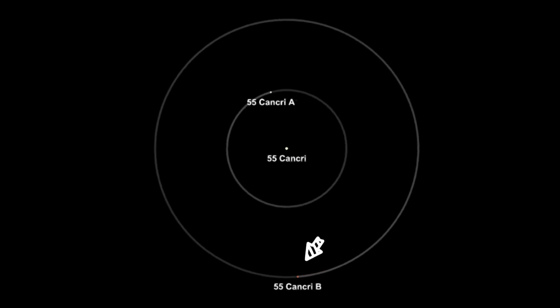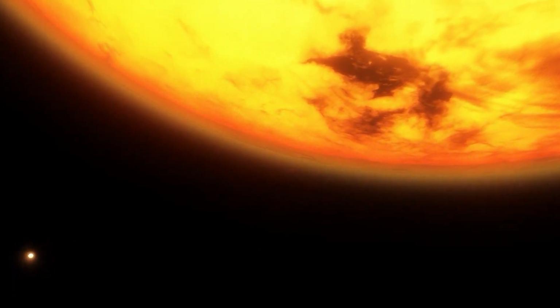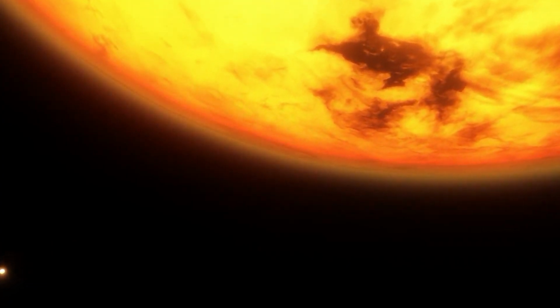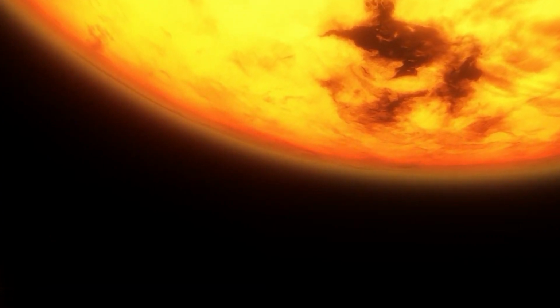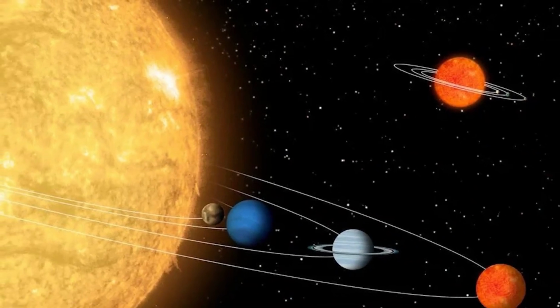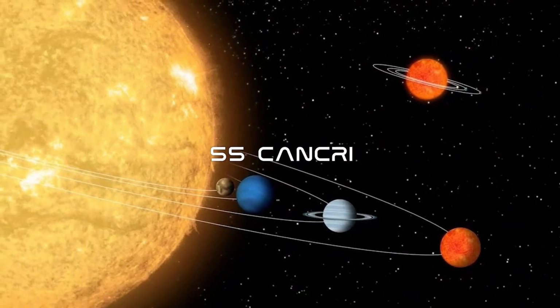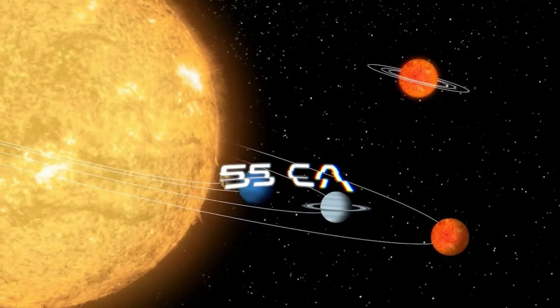You might ask, what about the second star, 55 Cancri B? We have to say that 55 Cancri B is a much smaller star, and it's extremely far away from these two, and it doesn't really have an effect on the planet or the star. The star system that has these planets in it is called the 55 Cancri system.